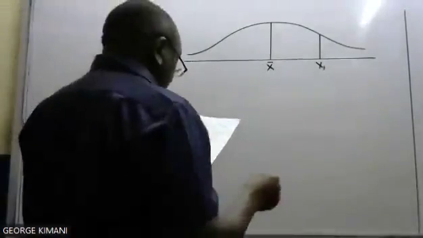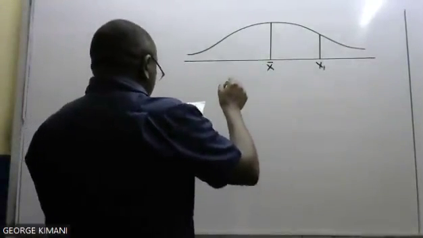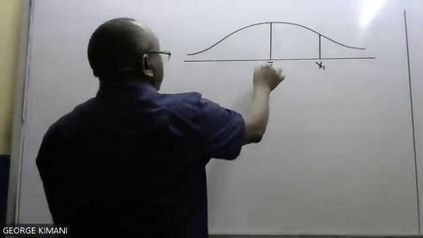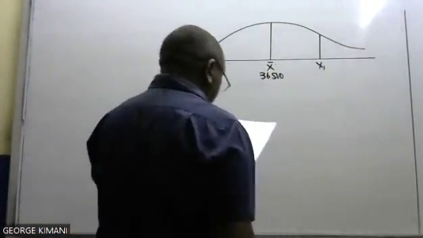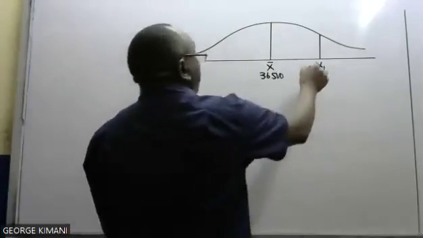We are told the mean is 36,500 and X1 is 40,000.